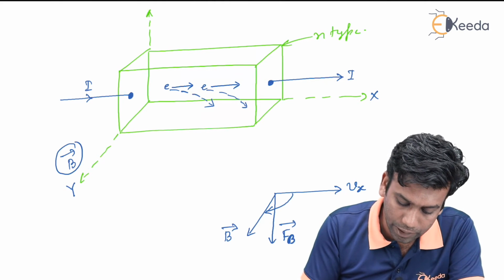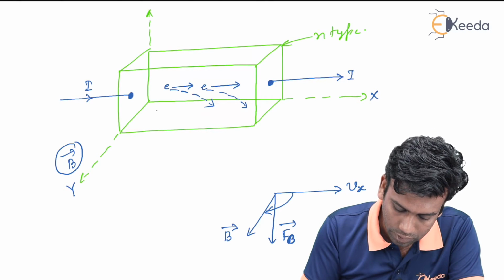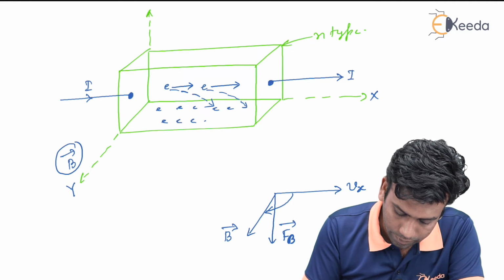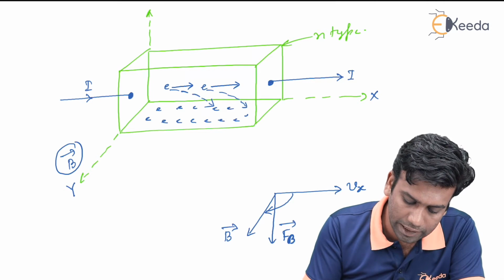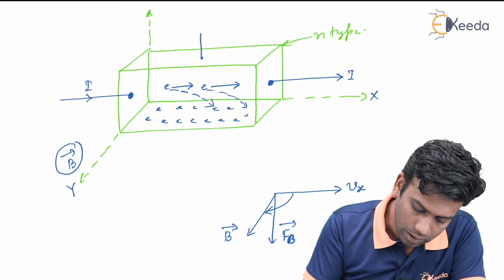So, there will be a lot of concentration of electrons in the bottom plane, but there will be less concentration of electrons in the up plane.